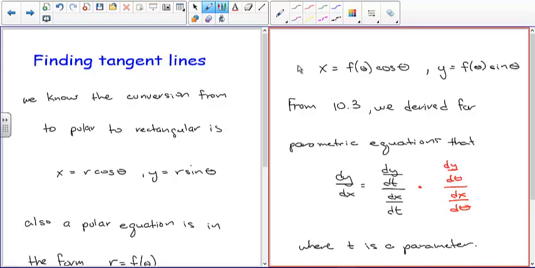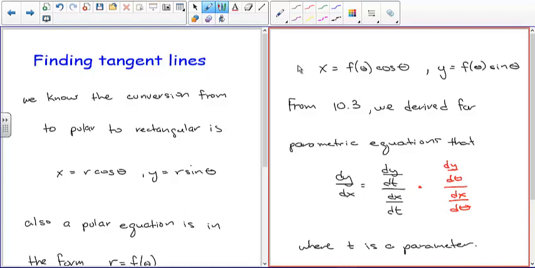And what we did in section 10.3 is we said that dy dx, the slope of the tangent line, was equal to dy dt divided by dx dt. What we do in this case is, the parameter is not t, but the parameter is theta. But we have a product. We have the product of f of theta times cosine theta.